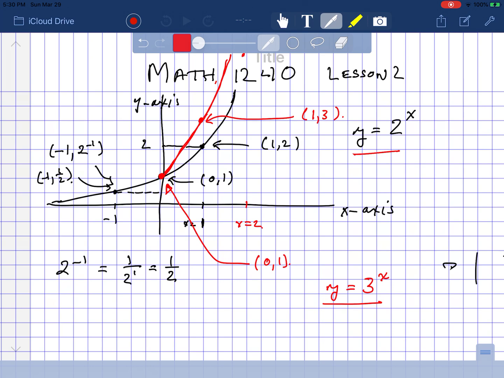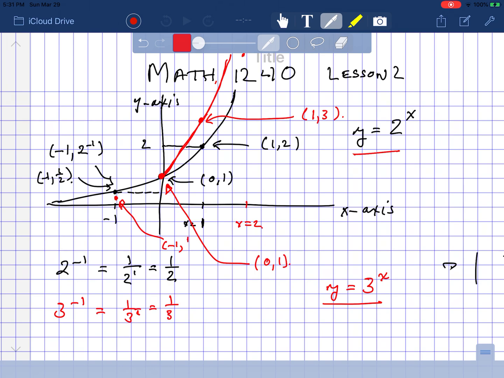Now let's look at what happens when x is equal to -1. So when x is equal to -1, the corresponding value of y is going to be 3 to the -1, which is equal to 1 over 3 to the 1 power. And that's just equal to 1/3.